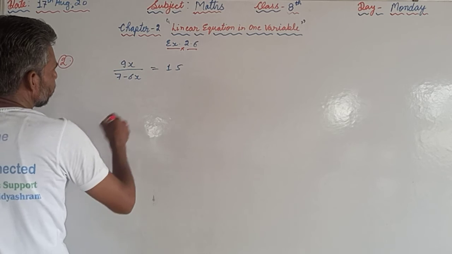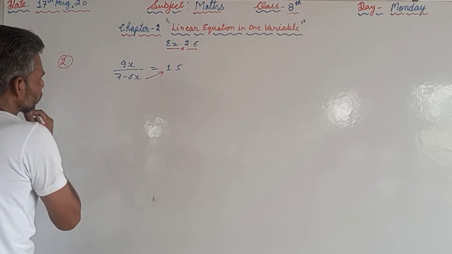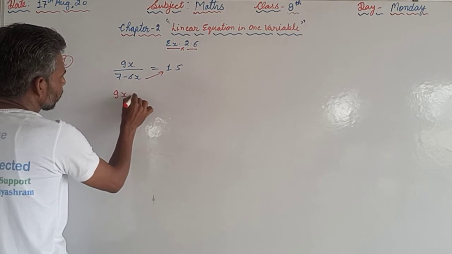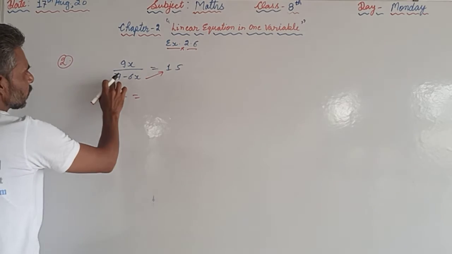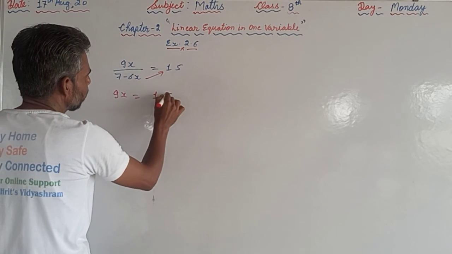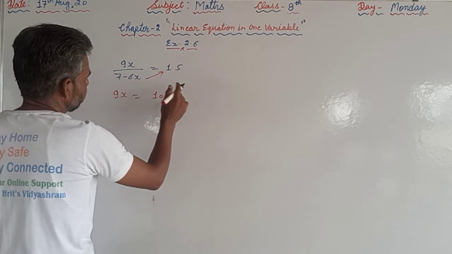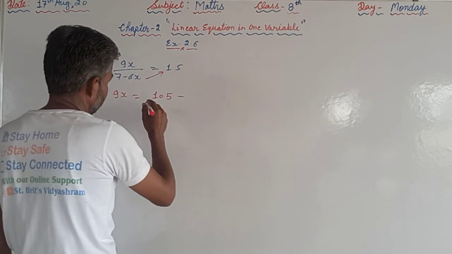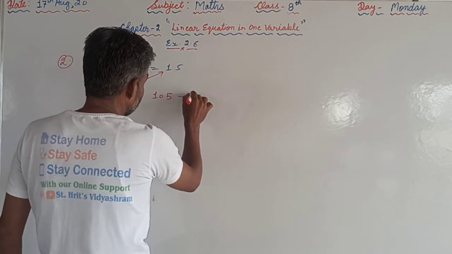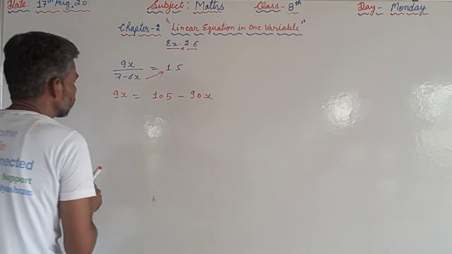So again we have to cross multiply. So 9x will be equals to 15 7s are 105 minus 15 6s are 90x.